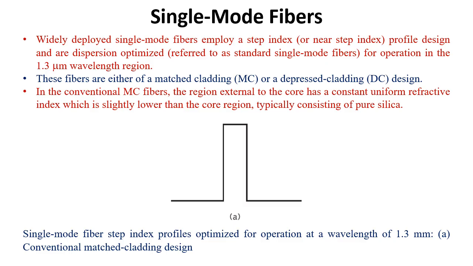In the conventional matched cladding fibers, the region external to the core has a constant uniform refractive index, which is slightly lower than the core region, typically consisting of pure silica. So this is a single mode step index profile optimized for operation, a conventional matched cladding design.